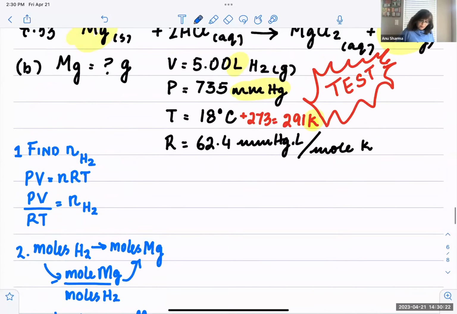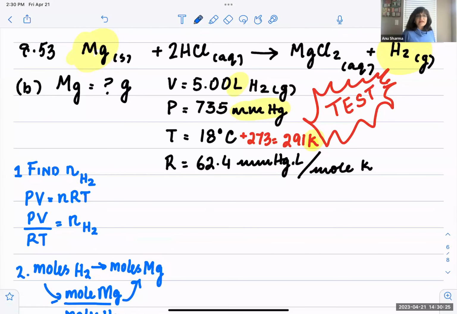So let's set up this problem. First of all, always write the equation. Second thing is make sure that it's balanced. Third thing is to change the units if they need to be changed. So for example, if the volume is given in milliliters, you convert it into liters, using 1 liter over 1000 milliliters.